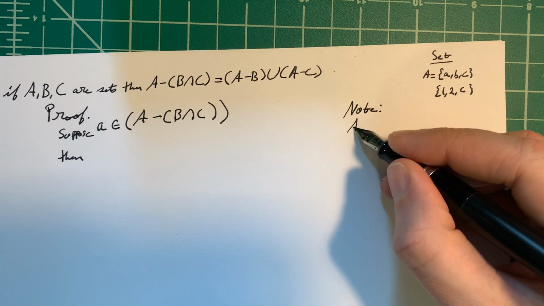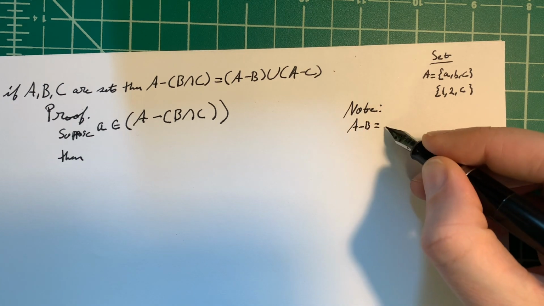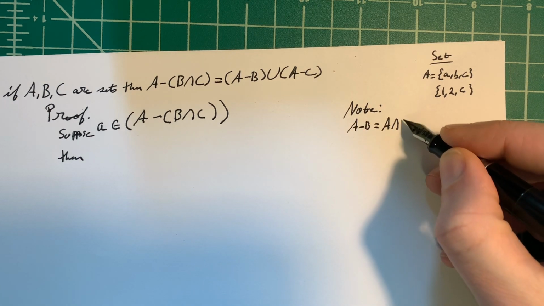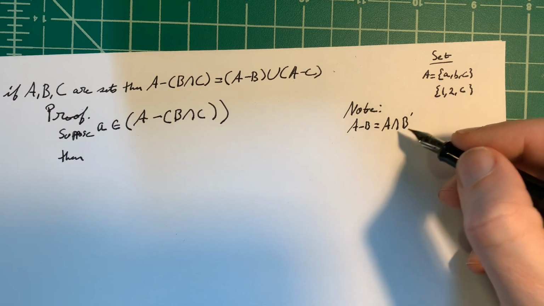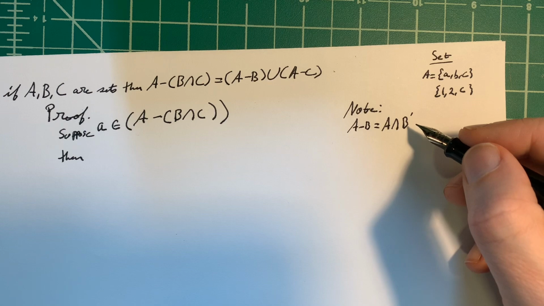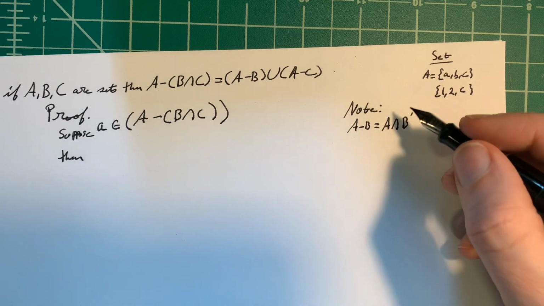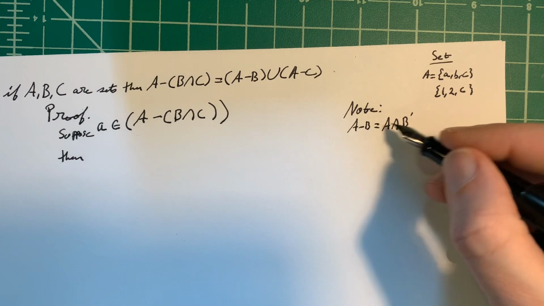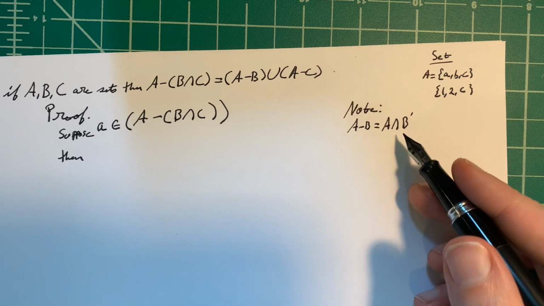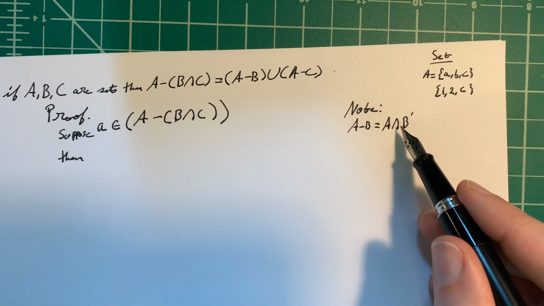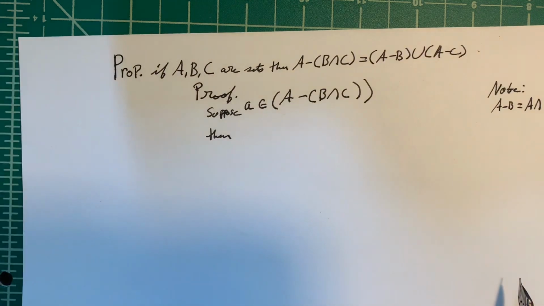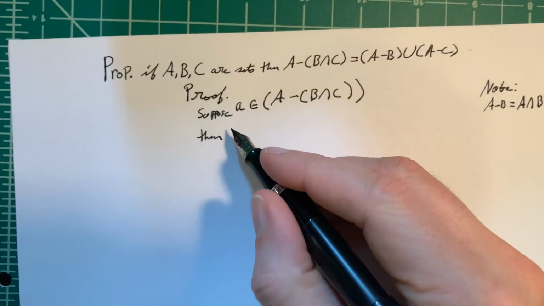If we have something like A minus B, that's the same thing as A intersect B complement. In the textbook that I use when I teach this class, or classes like this, this is the notation they use. These are equivalent notations. It's just another way to write it. However, I want to use this notation for the next step here. So I'm bringing it up for that purpose.